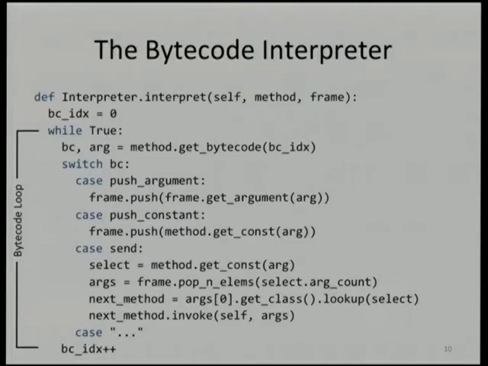You have a frame, that's basically the stack I showed you on the side. And what we then do, we basically loop over all the bytecodes as long as we have bytecodes, or actually as long as there is a return bytecode. So we start then here with the bytecode, and then typically that's a very standard thing. We switch over the bytecode and jump to the right thing to do.